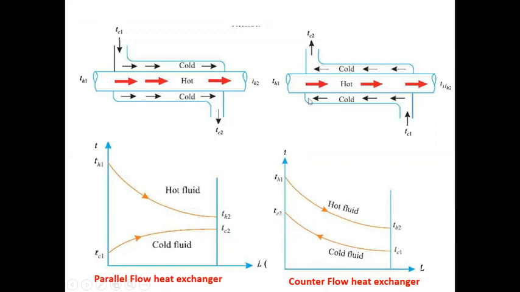This is the direction of motion of hot fluid. So hot fluid temperature is decreasing along the length of the heat exchanger. Whereas you can see that cold fluid is moving in this direction, and the cold fluid temperature is increasing in this particular direction. So there's a difference in temperature profile for a parallel flow and a counterflow heat exchanger.